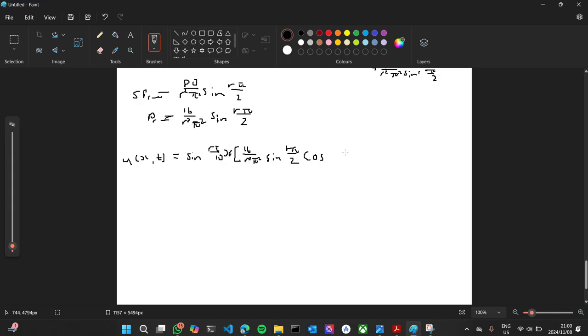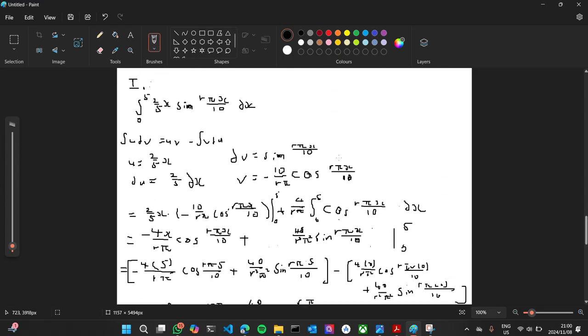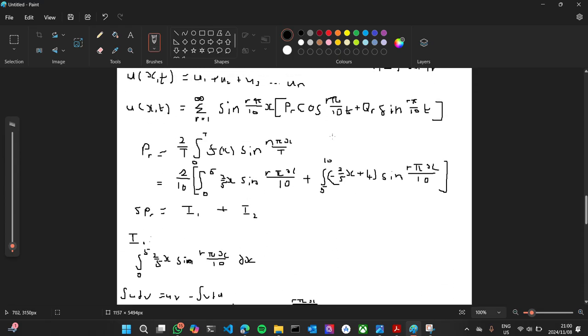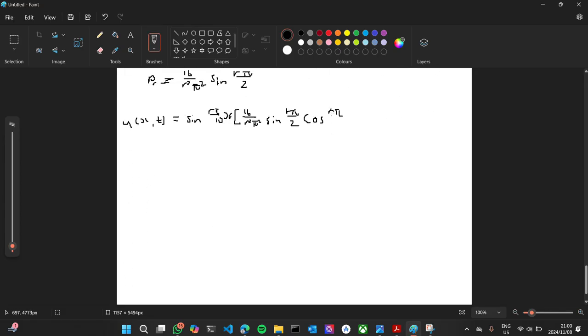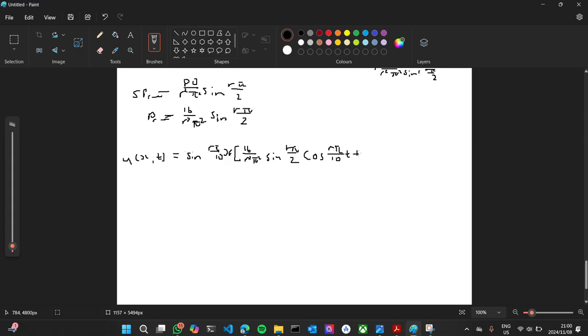cosine r pi over 10t plus q of r. Oh yeah, and then this has to be summed over infinity. r is equal to 1 to infinity.